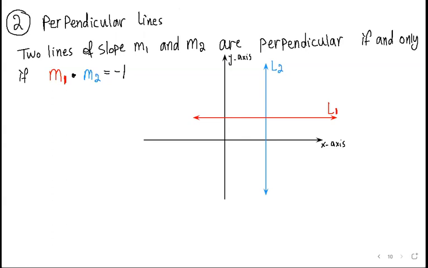This means if I want to find M1, M1 equals -1 over M2, the blue one. Same thing for M2: M2 is equal to -1 over M1.